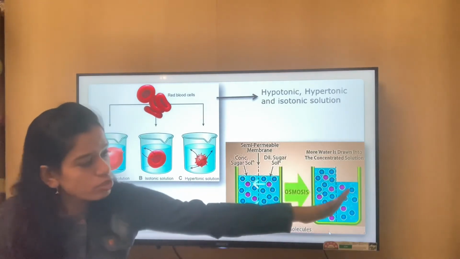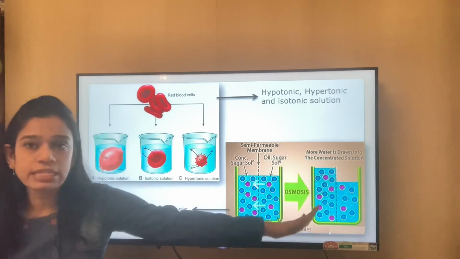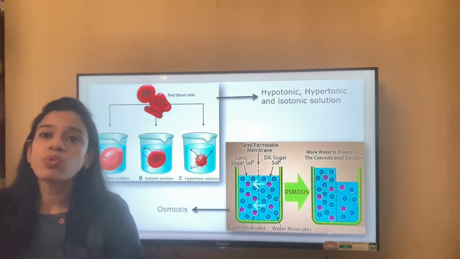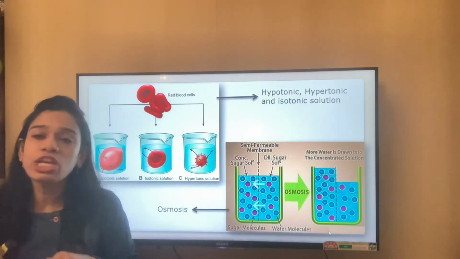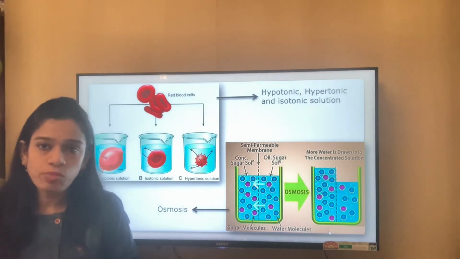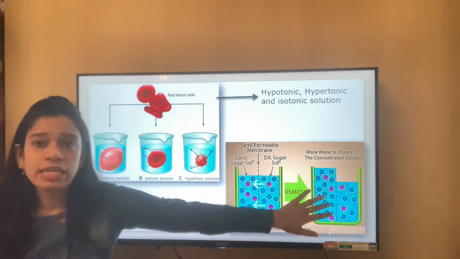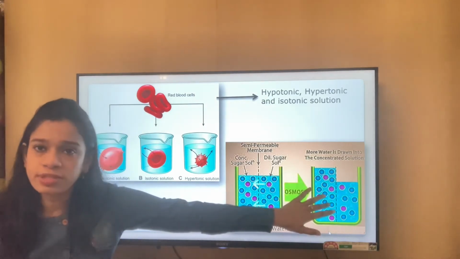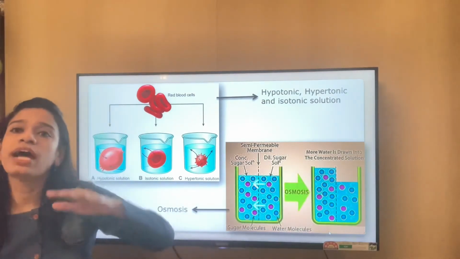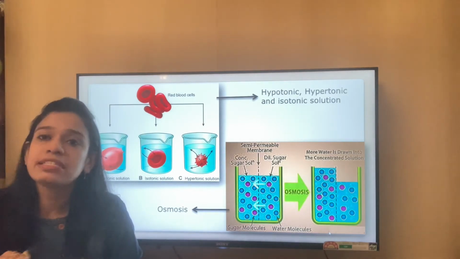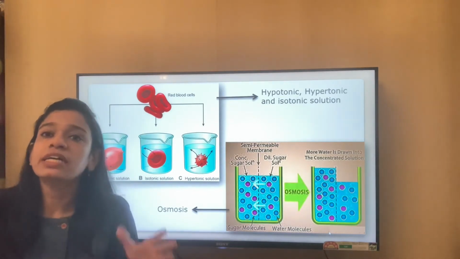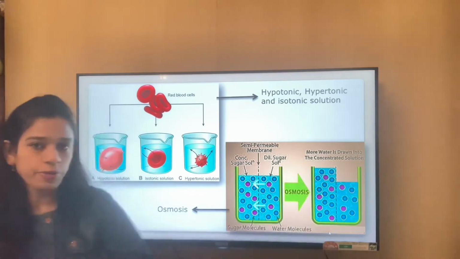So water molecules from this side flow to this side in order to bring an equilibrium of the solvent molecules. Water from here flows into the portion having the concentrated sugar solution, so that the sugar solution becomes similar throughout the tube or beaker.